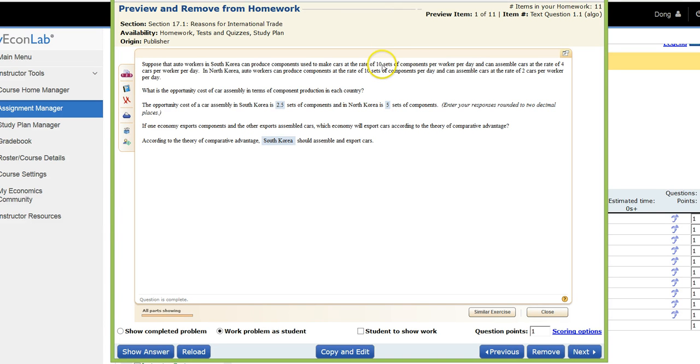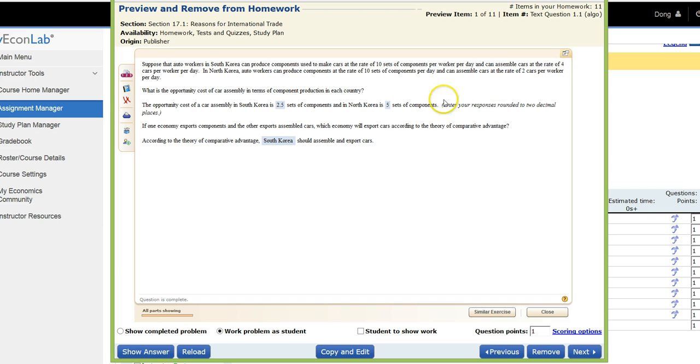For example, here it's going to be 30. Suppose South Korea workers can make components at 30 sets of components per day. In that case, the opportunity cost of a car assembly in South Korea will be 30 over 4.